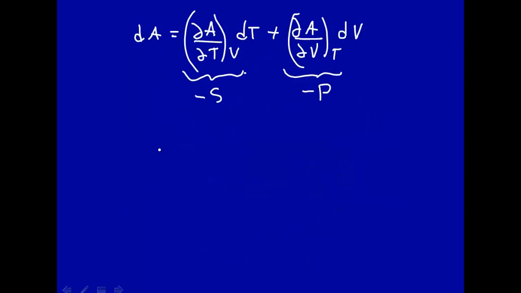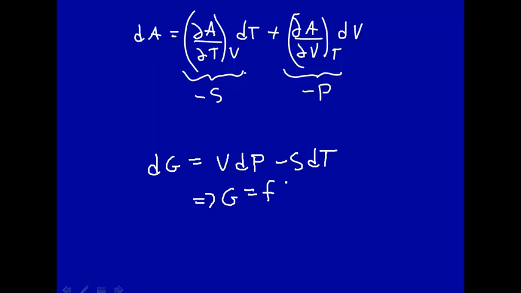And finally, let's look at Gibbs free energy. Deriving the equation for spontaneity, we ended up with this equation: dG is VdP minus SdT. So the natural variables for Gibbs free energy are pressure and temperature. Those are things that if they change, that will change free energy. So this implies that G is a function of pressure and temperature.